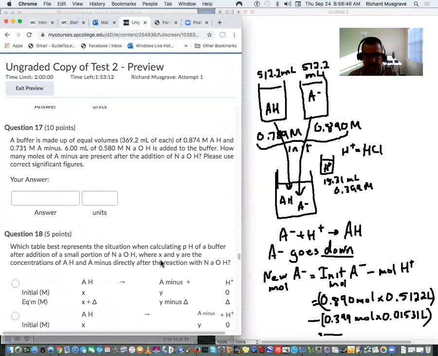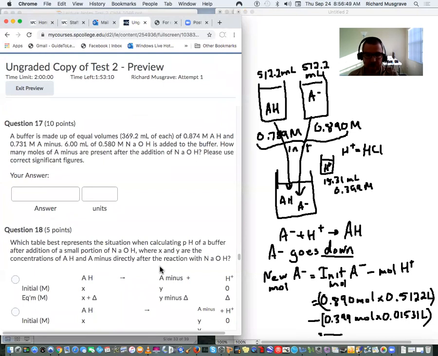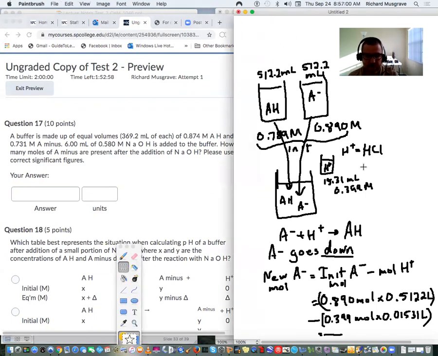Question 17 is similar, but now it's asking for the moles of A minus after the addition of sodium hydroxide. So I'm going to just modify this a bit. I'm not going to redraw the whole thing here.